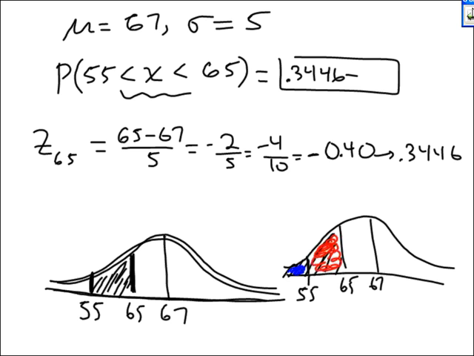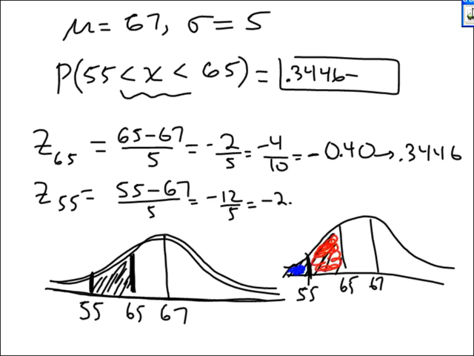I need to take away the blue. The area of the blue is to the left of the score 55. Let me convert 55 to a z-score, and then it's to the left of that z-score. I can look up that number. Z at 55 is 55, the score, minus the mean, mu, over 5. It's negative 12 over 5.